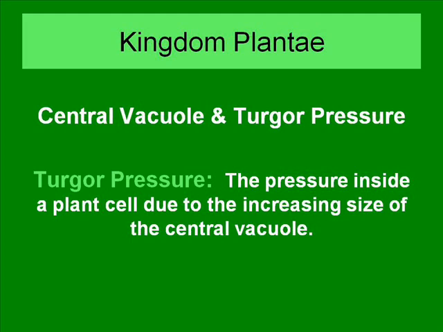When it expands, it holds open the cell wall so that it doesn't collapse. So turgor pressure results inside the plant cell when that central vacuole becomes very large and increases the pressure on the cell wall.